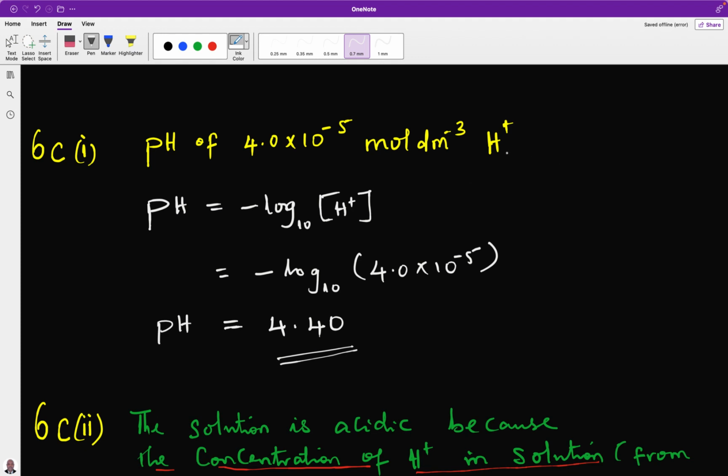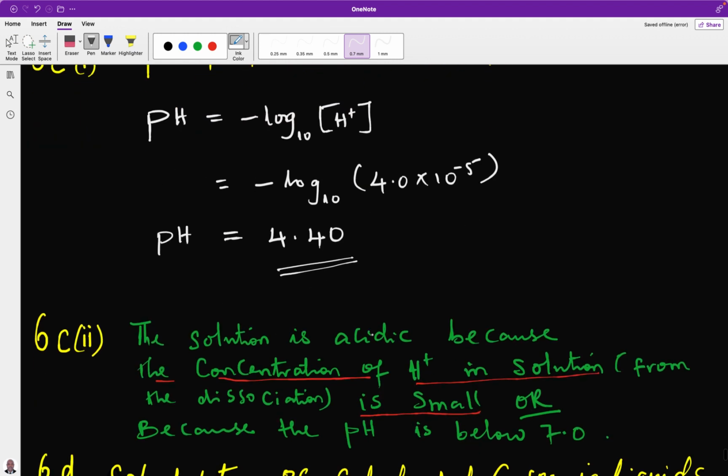So we find the negative log to base 10 of this concentration, and if we do that, the pH of the solution is 4.40.